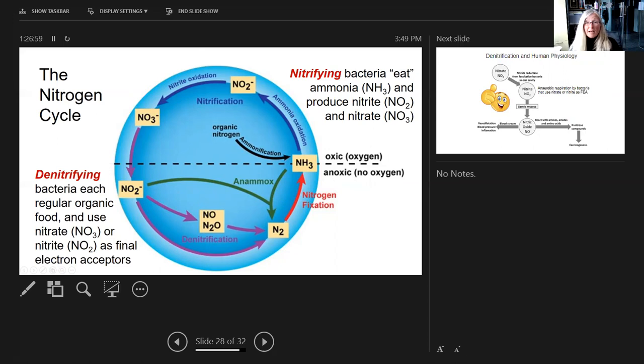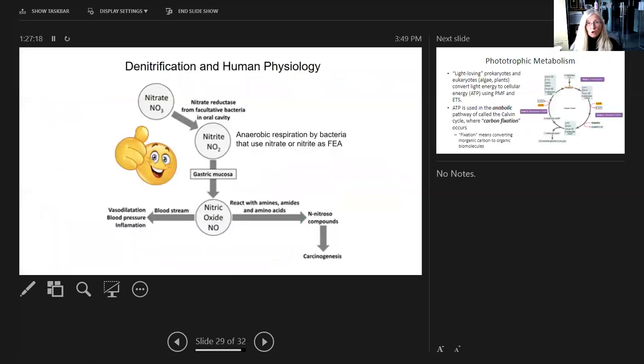So we have a way, we are testing for these things. In lab, we can test for nitrate conversion to nitrite and then denitrification using the nitrate reduction test. We'll leave that for lab. I want to point out, like I said, you are one of those ecosystems where we're now finding that nitrogen cycles occur. So here's an example of us as we have become more familiar with our microbiomes, the fact that we are inhabited by all different kinds of bacteria.